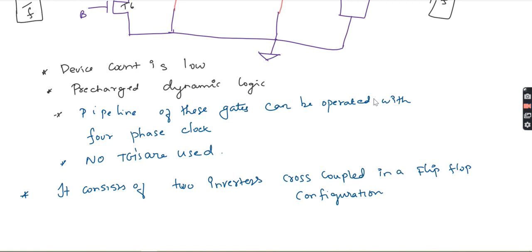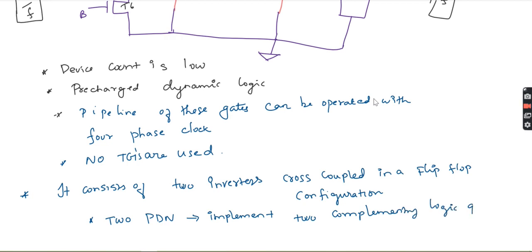Next, here you can see two pull-down networks, that is PDN. These two pull-down networks are used to implement two complementary functions, F and F bar, because we need to get both complementary outputs.